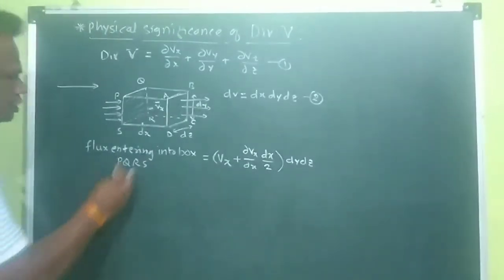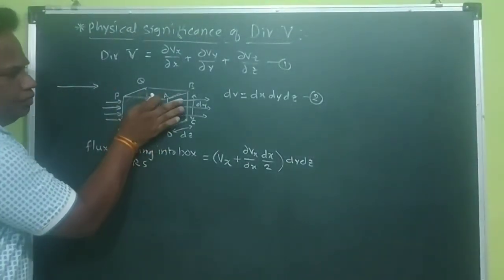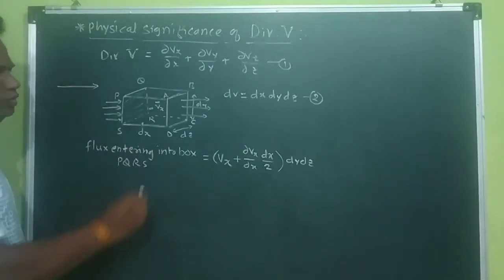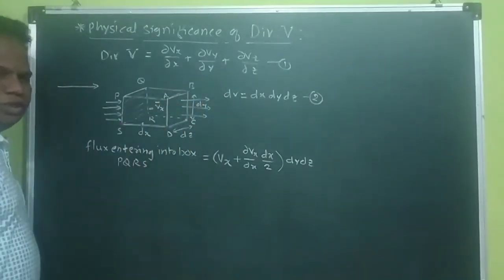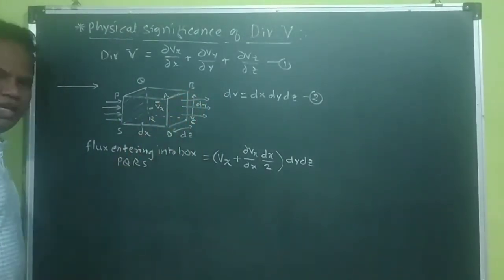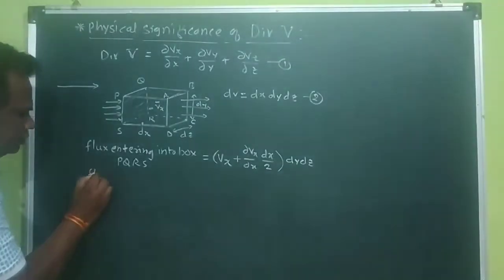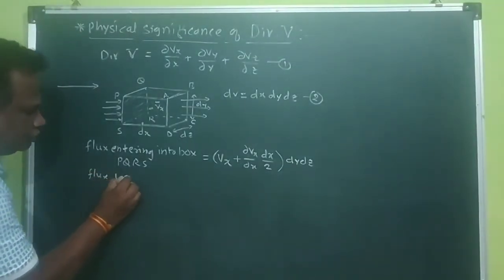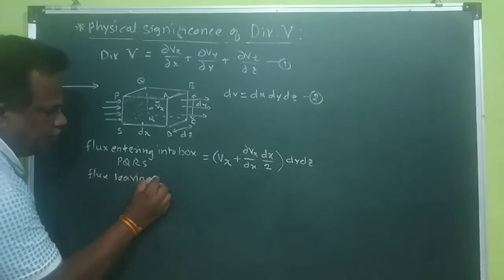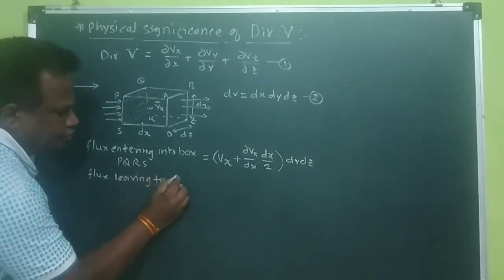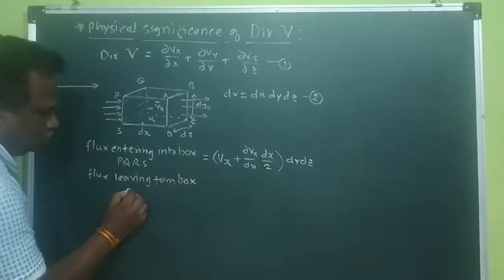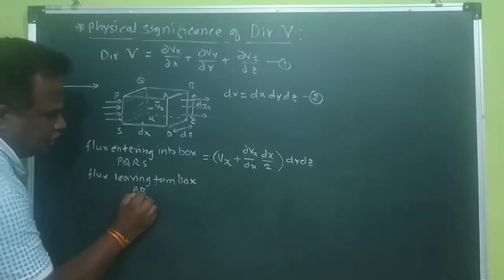Similarly, we can write the equation for the flux outgoing from this surface ABCD. Area is the same. So now we can write the flux leaving the box through the surface area ABCD.